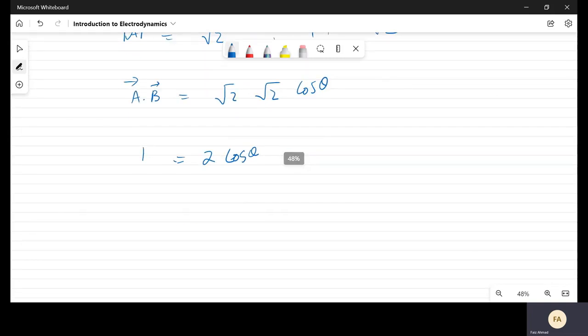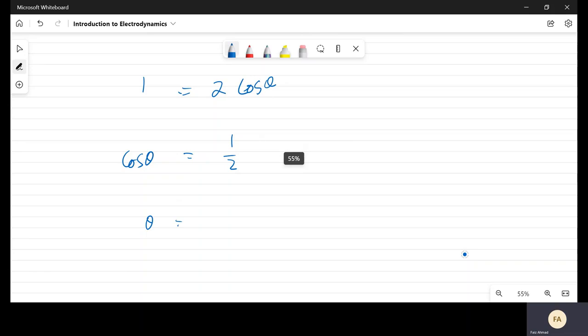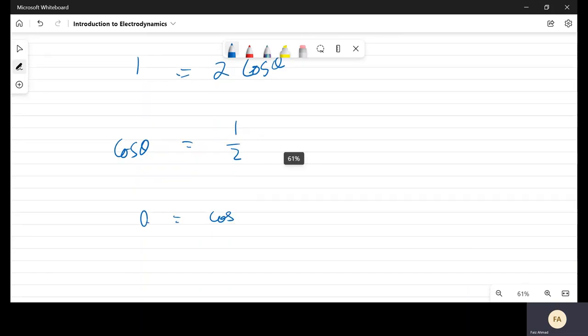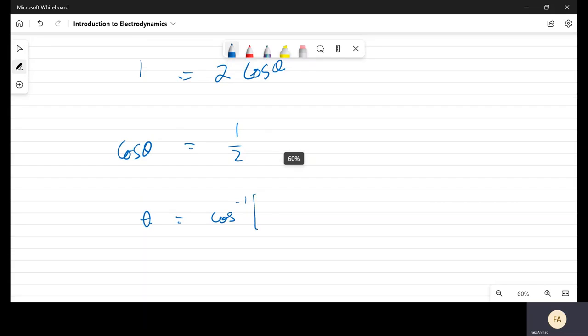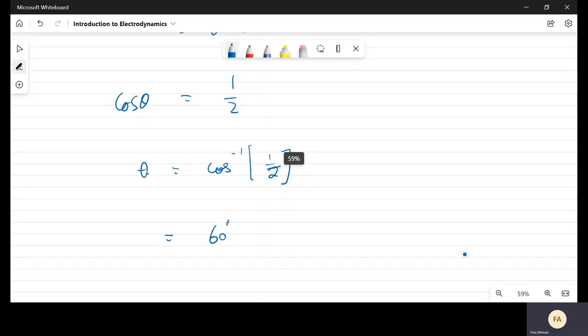So cosine of theta will become 1 by 2, and theta is cosine inverse of 1 by 2. If you use a calculator, you will find that this angle is 60 degrees.